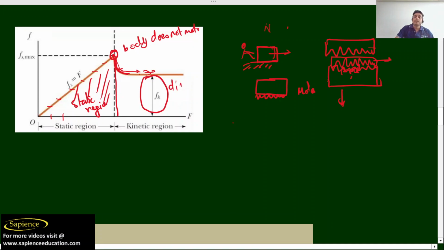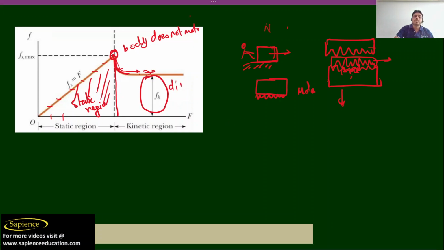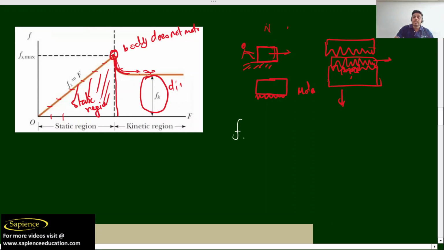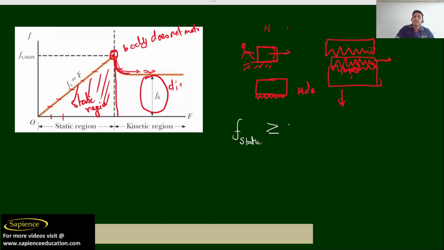So from here we got a conclusion. The conclusion is that static friction force is always greater than or equal to, definitely try to understand, equal to the limiting friction force.